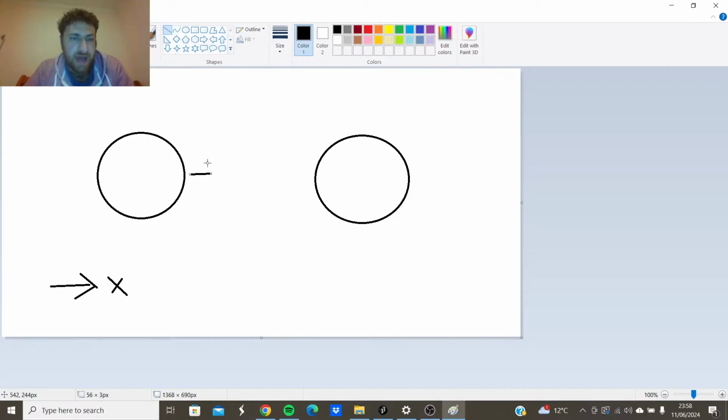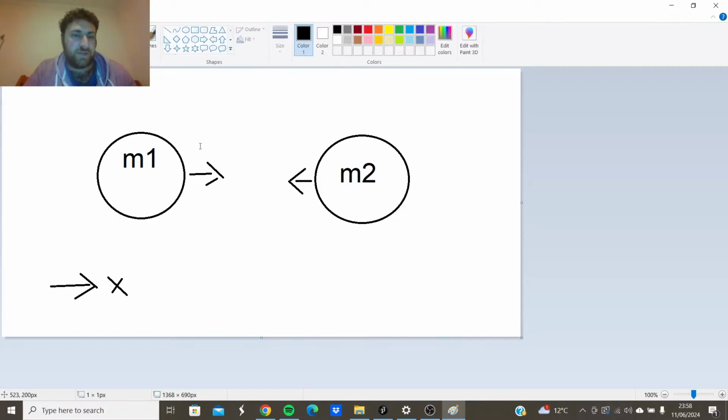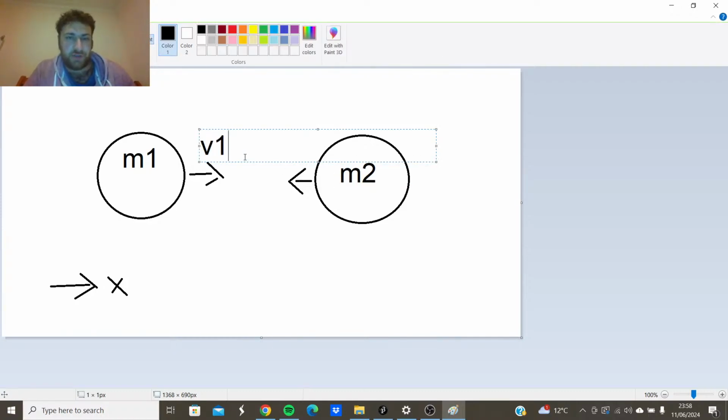They each have a mass and a velocity, which we will call mass 1 and velocity 1. So this will be mass 1, and this will be mass 2. Mass 1 will travel with velocity 1, and mass 2 will travel with velocity 2.